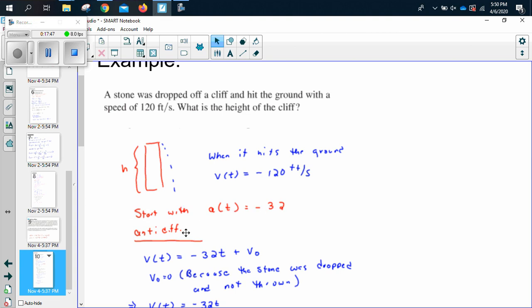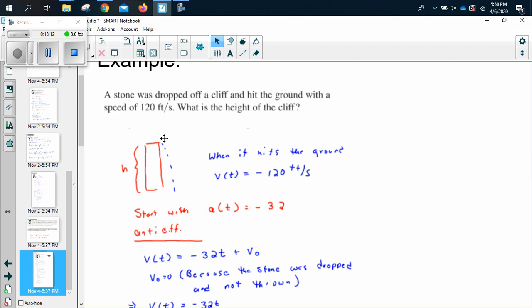Now, we start with the negative 32. That's the acceleration, and we anti-differentiate. So it'll be negative 32t plus a constant, and that constant is the initial velocity. Sometimes you might be given the initial velocity, but in this case, the stone was just dropped, so it wasn't thrown downward.